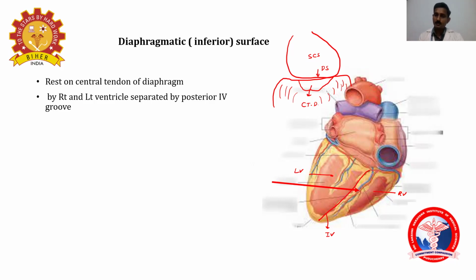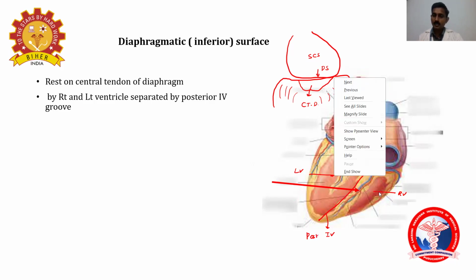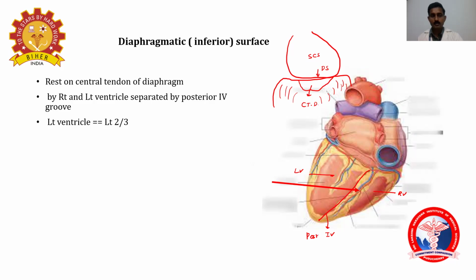This also has an anterior part which is lying anteriorly and a posterior part. So this is the posterior part of interventricular groove that separates the diaphragmatic surface into a left ventricle and right ventricle. So here, if you see the proportion, 2/3 is formed by what? 2/3 is formed by the left ventricle, 1/3 is formed by the right ventricle.